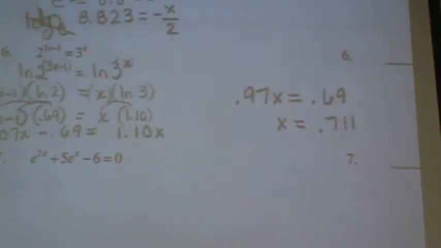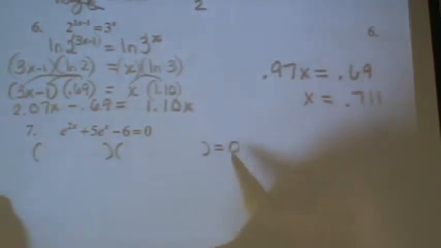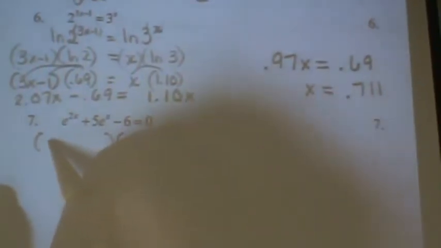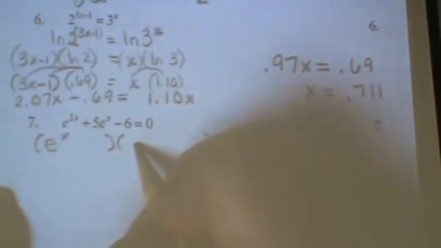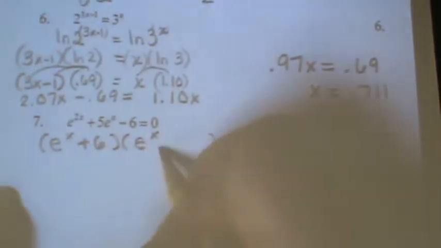Okay, moving along, number 7. What should you do on 7? Okay, you can factor. Brittany, help me factor it. Good. It's e to the x minus 1, e to the x plus 6.